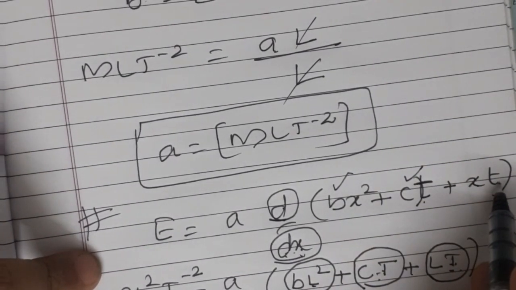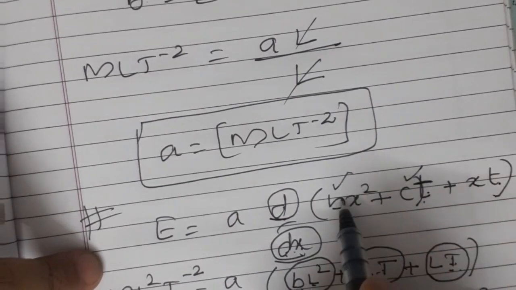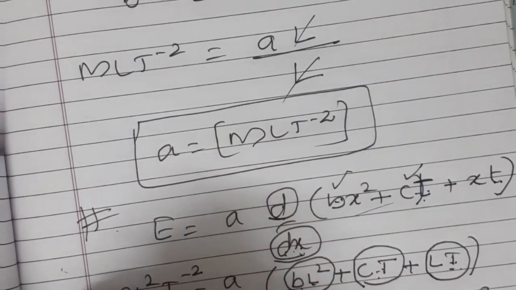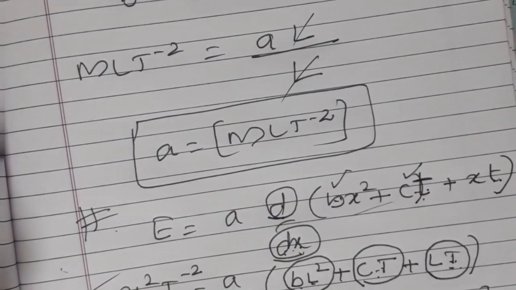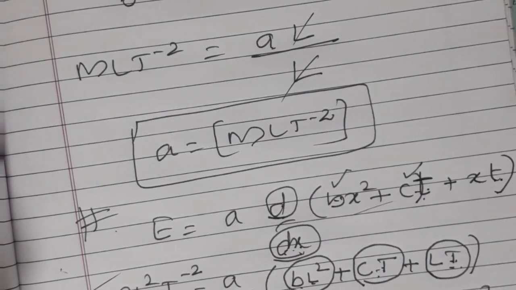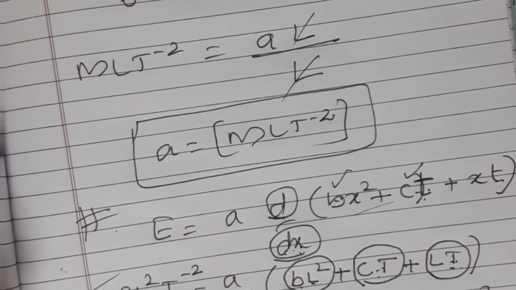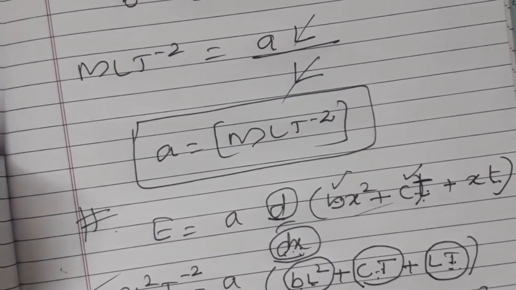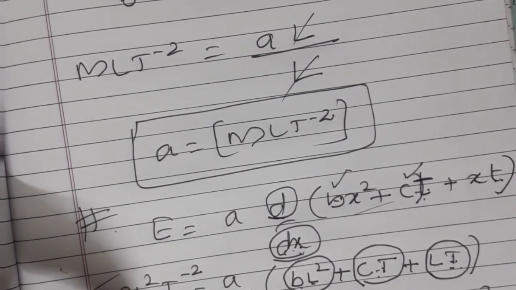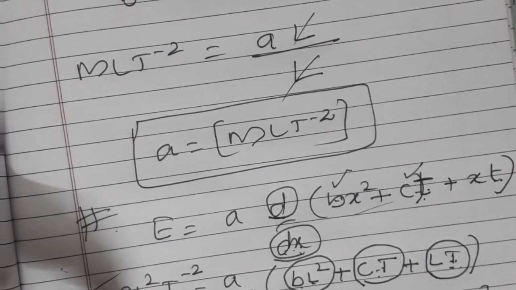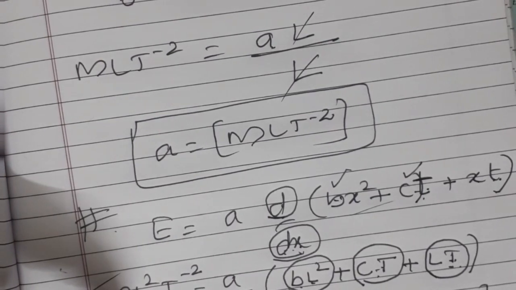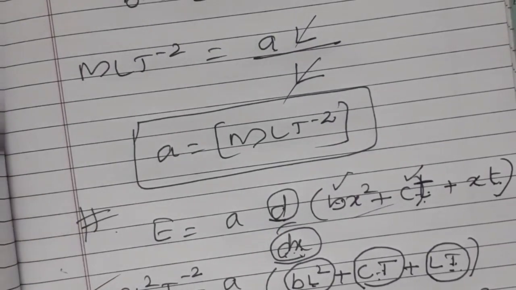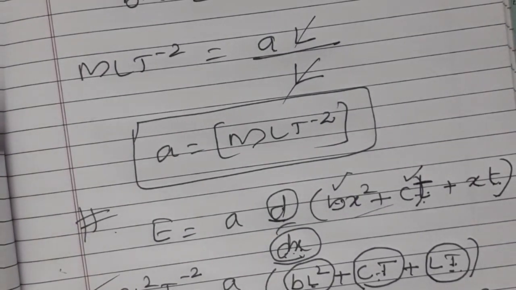Now because this is LT, this must be LT, this must be LT. LT plus LT plus LT must be LT. So again I'm going to rewrite this one. ML²T⁻² is a by L outside, and inside the bracket it will be LT. This L will get cancelled out and this T will come over here and make the dimensions for a as ML²T⁻³. So in this way we can solve the dimensions for a, b and c.